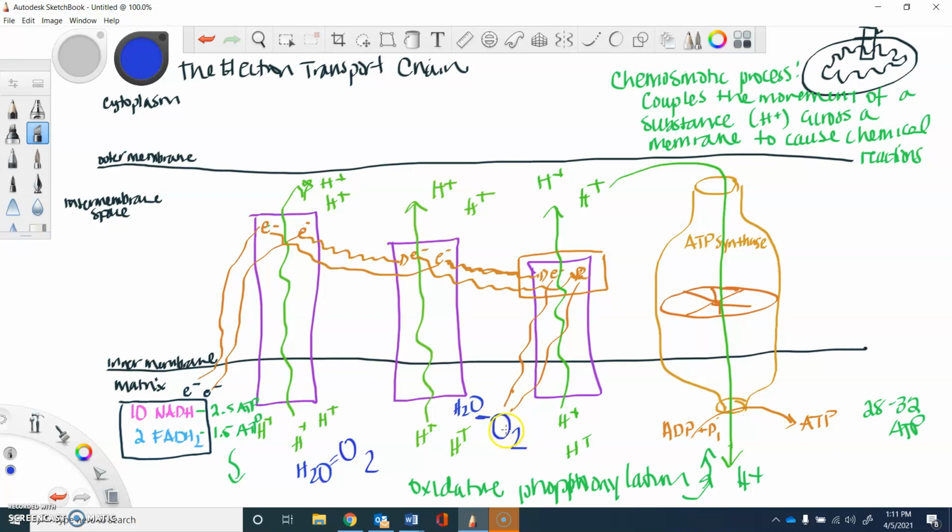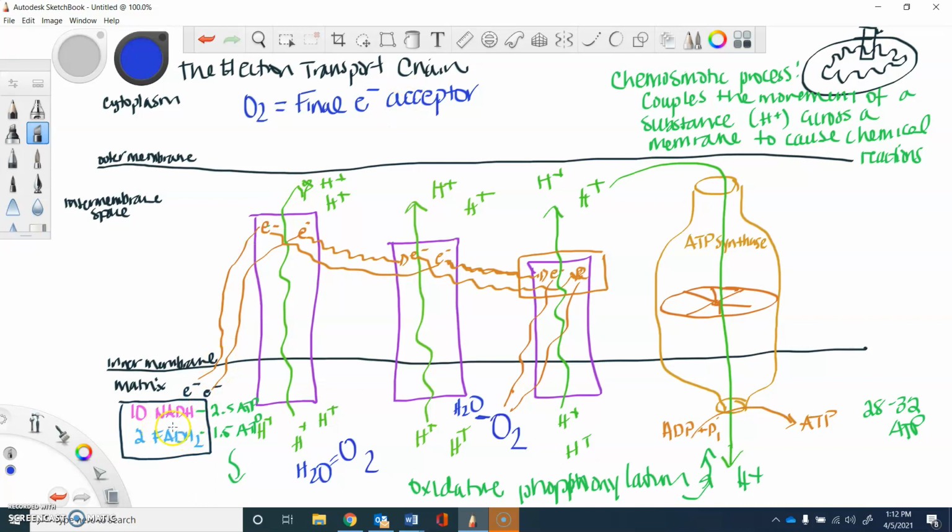The oxygen is reduced by taking those electrons from that protein. So oxygen is called the final electron acceptor, because the electrons were already accepted by the electron carriers.